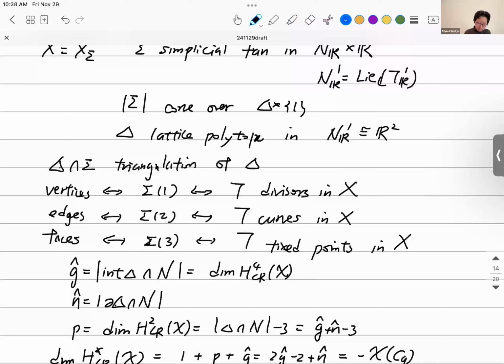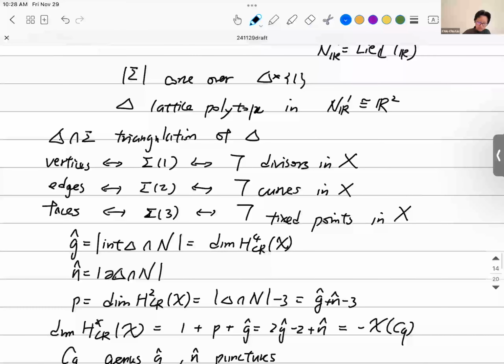So if you intersect this fan with this cone at level 1, you will get a triangulation of this polytope whose vertices correspond to T-divisors, edges correspond to T-curves, complex projective lines P1, and faces correspond to the torus fixed points.